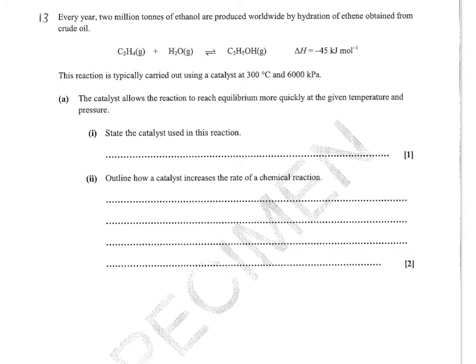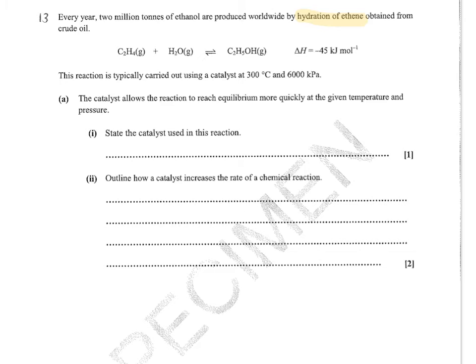Okay, so it says every year 2 million tonnes of ethanol are produced worldwide by the hydration of ethene. I'm just getting the right place in my script, which I prepared. So the hydration of ethene is definitely one that you've done. That is one of the reactions of alkenes that you've done, so that's your way in.